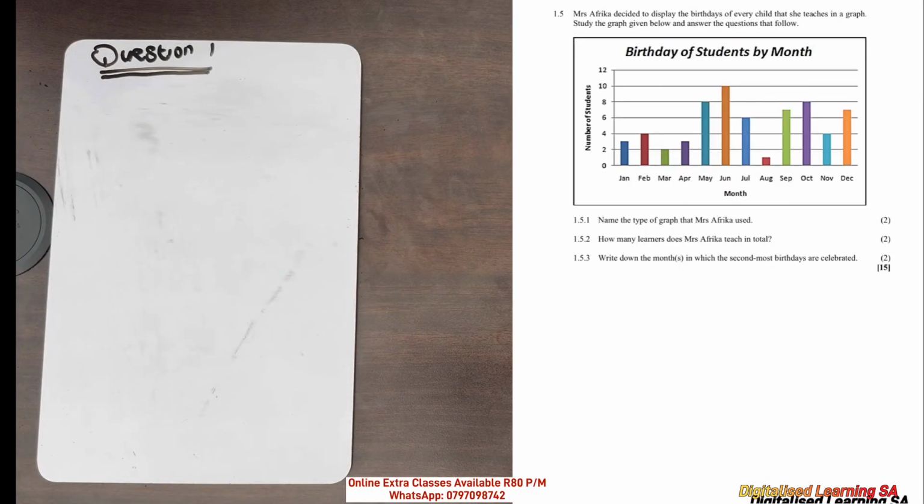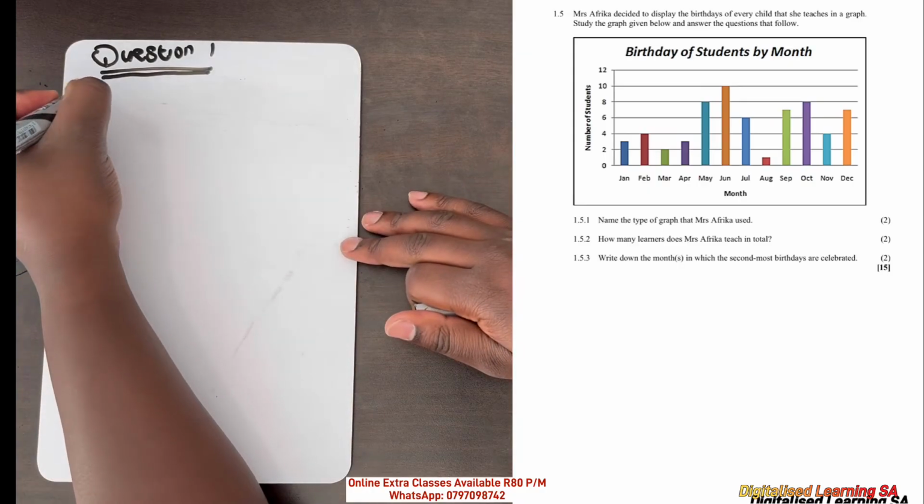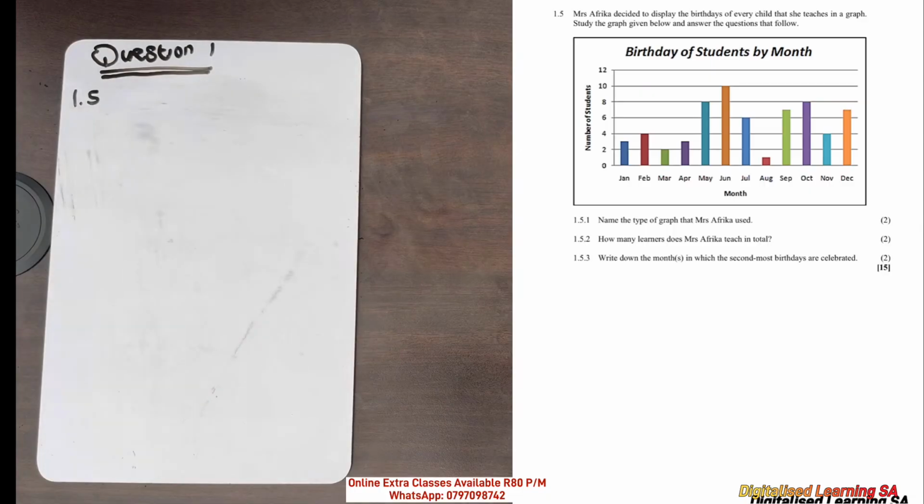Okay, so now let's move to question 1.5. We are told that Miss Africa decided to display the birthday of every child that she teaches in a graph. Study the graph given below and answer the questions that follow.